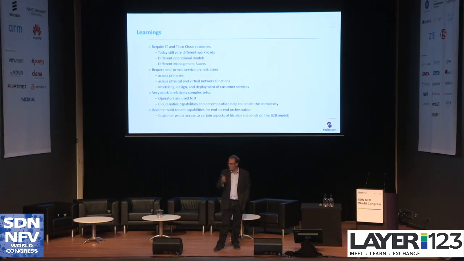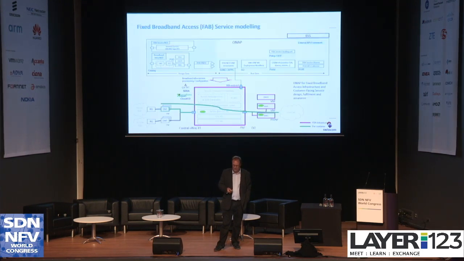That's one thing which we try to automate as much as possible. The setups are getting quite complex quickly. If you look at this, it's a very simple broadband access service. It already starts looking complex, and there's a lot of stuff behind the scenes which you don't see.